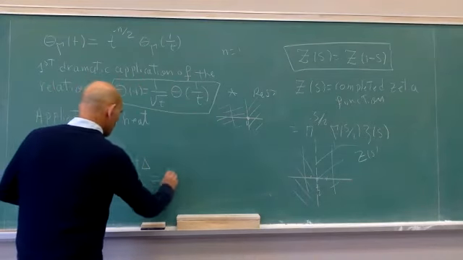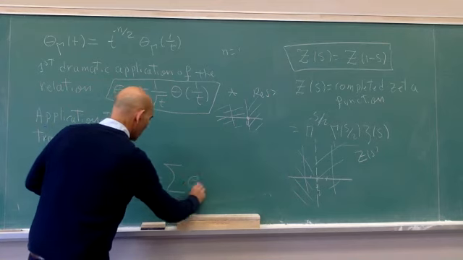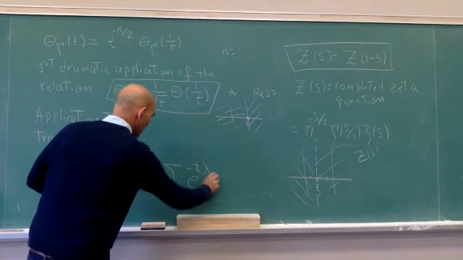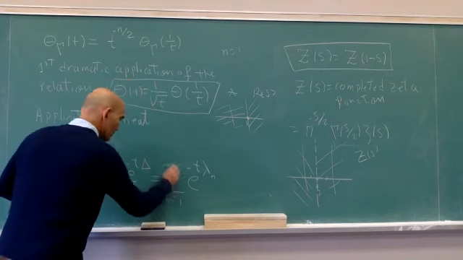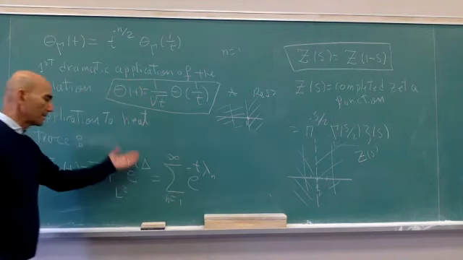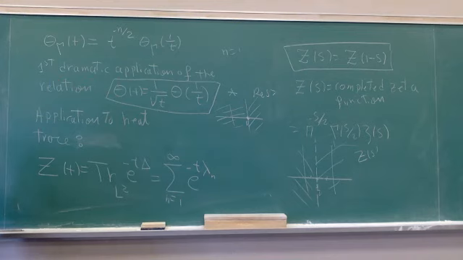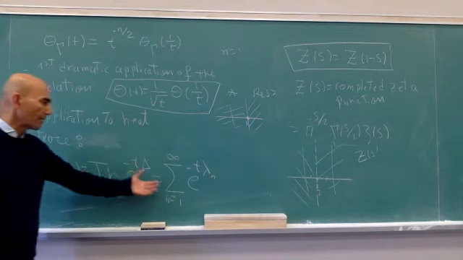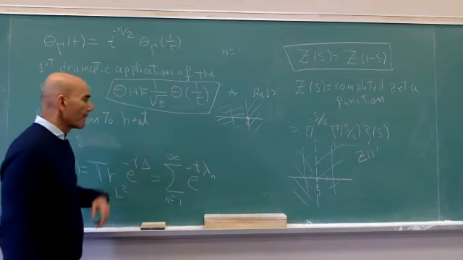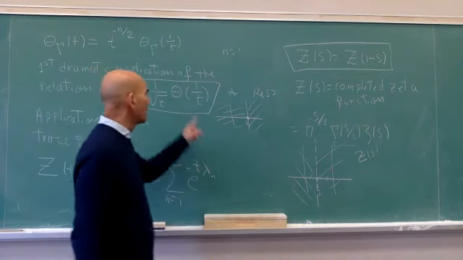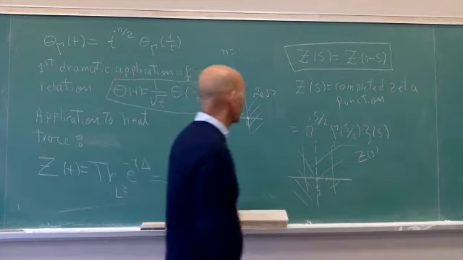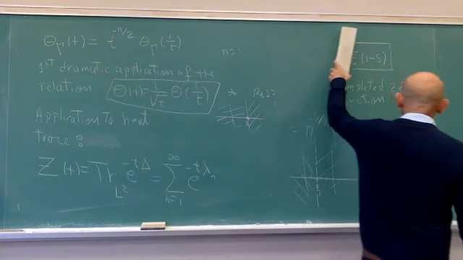And then this is a sum of exponentials of minus t lambda n. It doesn't matter how you index it. So this is the heat trace, and these are eigenvalues of the Laplacian. So we applied this question to the circle.